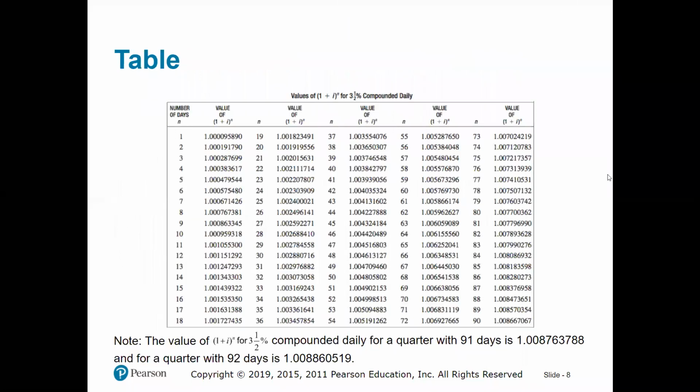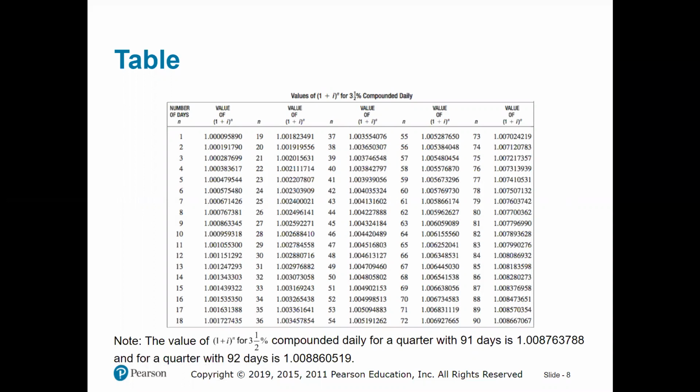Okay. This is what the table looks like. It's values of 1 plus i raised to the n for 3.5% compounded daily. So here you can see all the numbers possible. The note at the bottom is on the table as well for you.